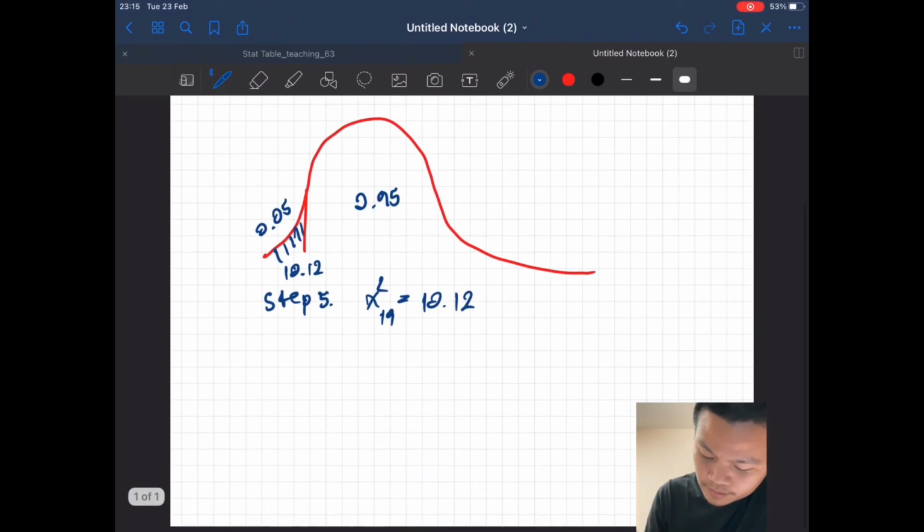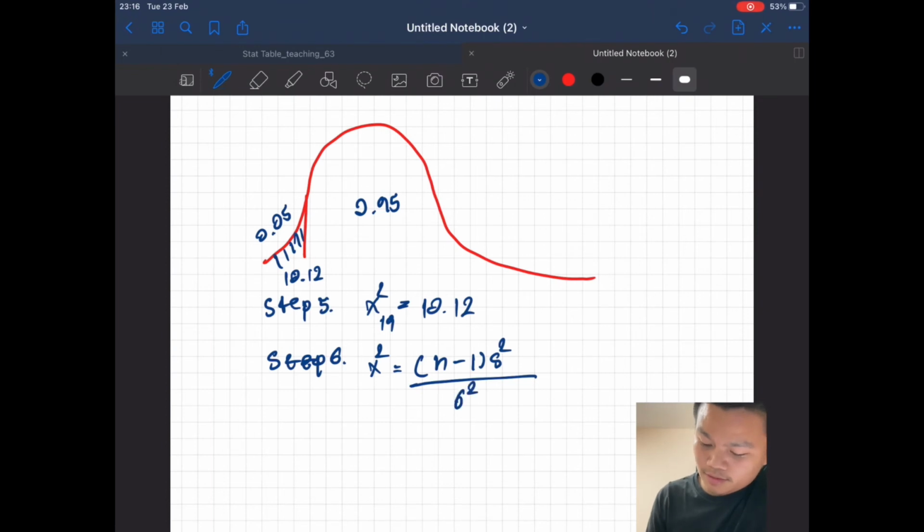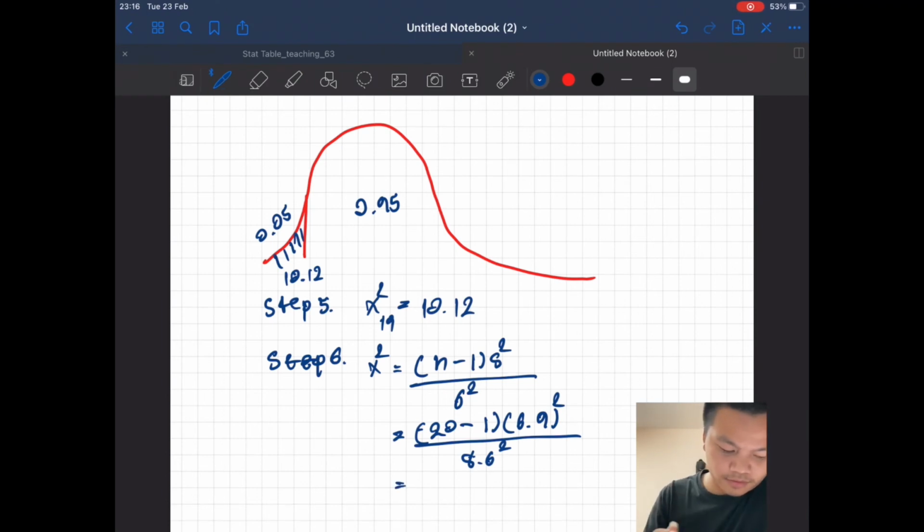Step 6: chi-square is n minus 1 times s squared over variance, which is 20 minus 1 times 6.9 squared over 8.6 squared, equal 12.23.